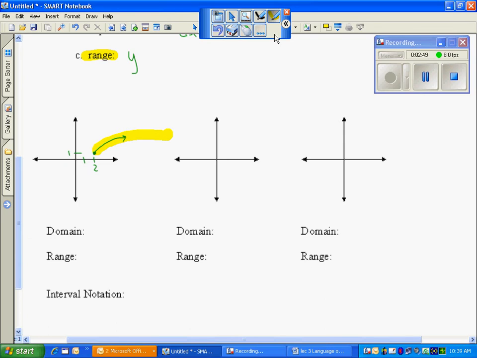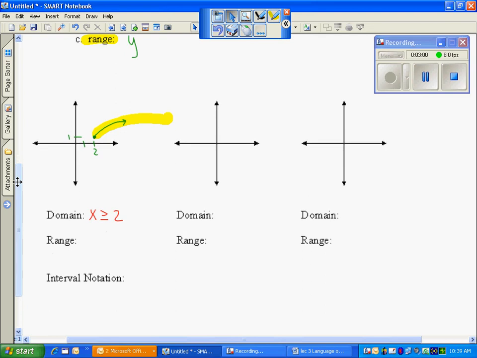We say x is greater than or equal to 2. Looking at my y-coordinate, it never is below this point. It is going upward, heading up this way as it grows up. And so we say the y is greater than or equal to 1. Never was it less than 1 on that graph.